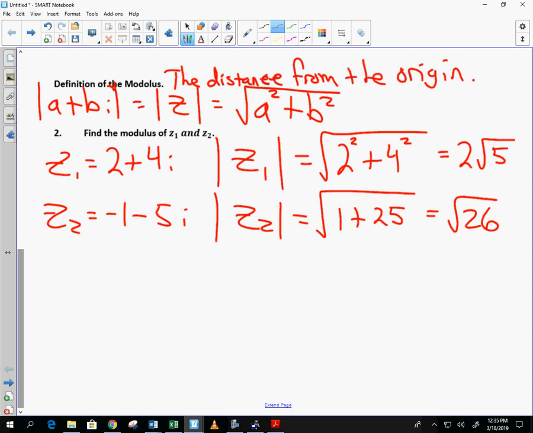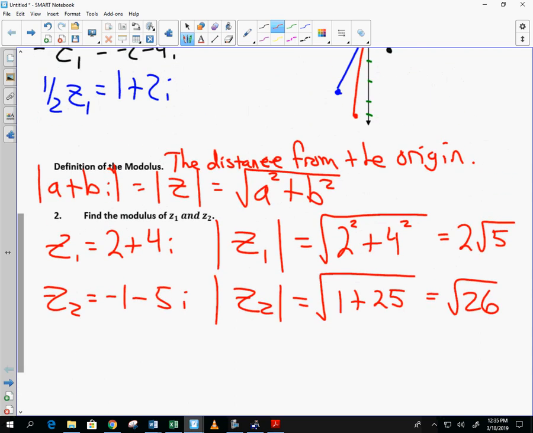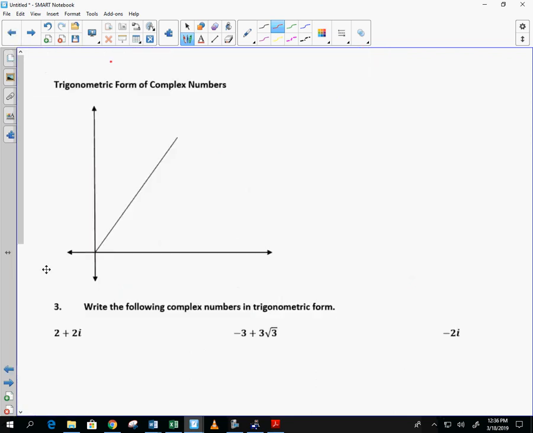Very good. Not too bad, huh? Just recall that you do not square the i. The i is not part of the calculation. You use a, and b is the number in front of i. Everybody got that? So we're going to let you do a couple problems on your assignment right now, but we do have to get through this part before we end today.